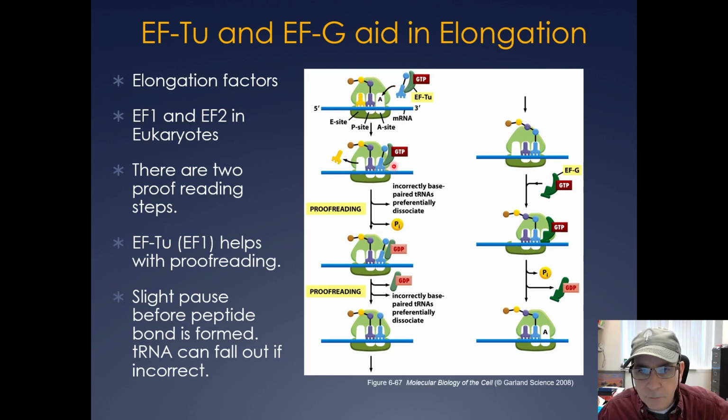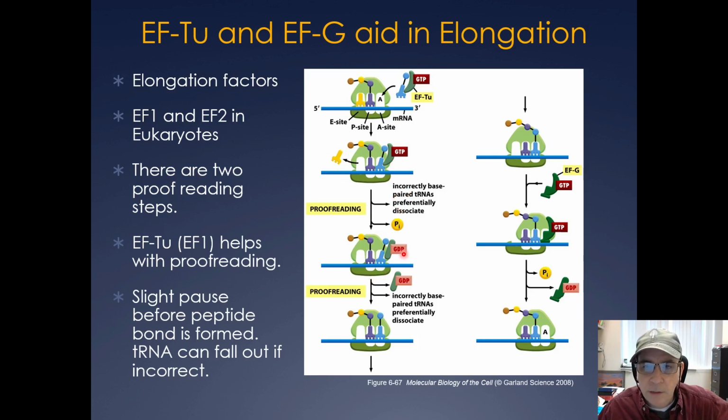Now, there's two proofreading steps that happen. The first one is if there's incorrect base pairing here, the tRNA can preferentially dissociate. If it looks like there's pretty good complementary base pairing here, the GTP then becomes hydrolyzed into GDP.